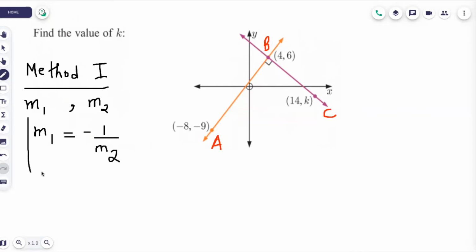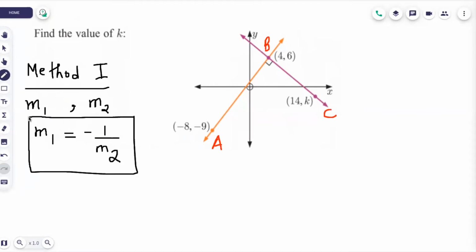So if I call M1 the gradient of line AB and M2 the gradient of line BC, then M1 is equal to minus 1 by M2. Let's solve this question further.